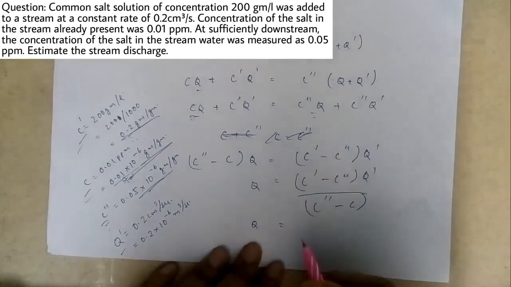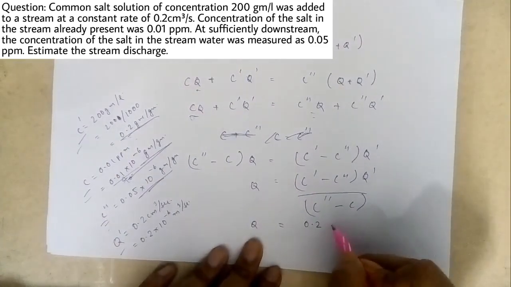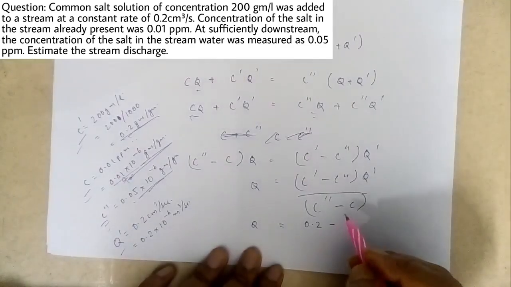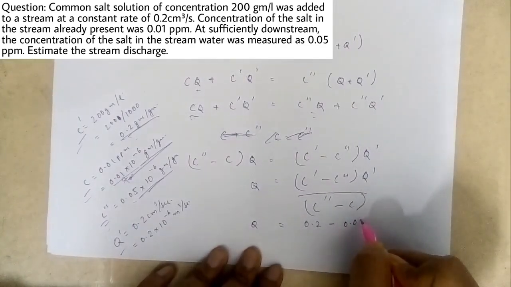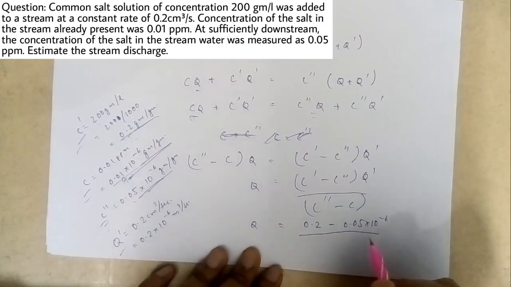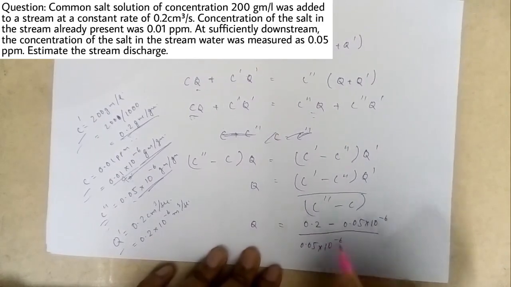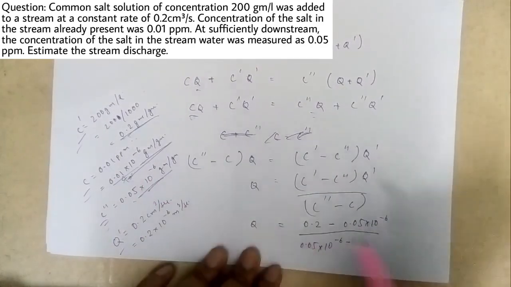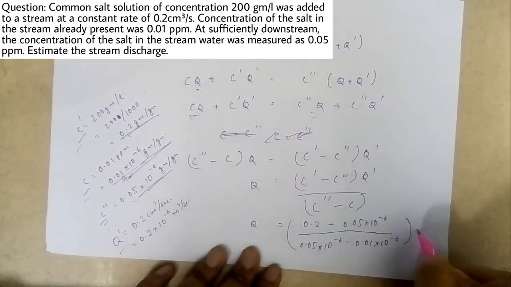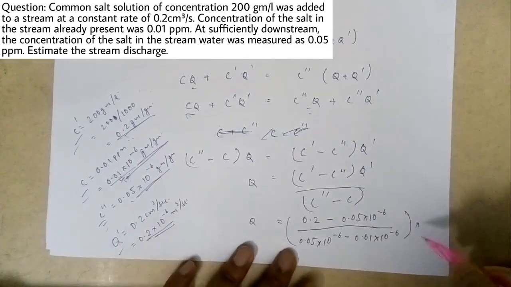So I'll just write them. C prime is 0.2 gram per gram. I will not write the units over here for the second time. C double prime is 0.05 multiplied by 10 to the power minus 6, divided by C double prime 0.05 times 10 to the power minus 6 minus C, 0.01 times 10 to the power minus 6, and all of it is multiplied by Q prime, which is 0.2 multiplied by 10 to the power minus 6.